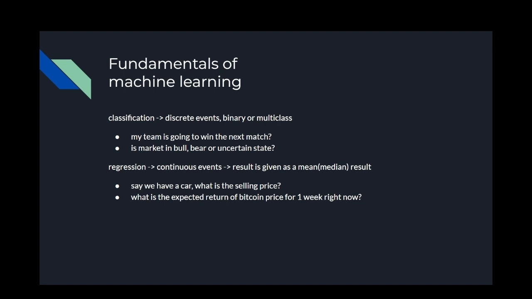There are some platforms or solutions where you take a photo of your car, you want to sell it online, and this artificial intelligence is going to guess the price of your car given a photo. Or, to give you another example applied to the crypto market, what is going to be the price of Bitcoin in the following week?